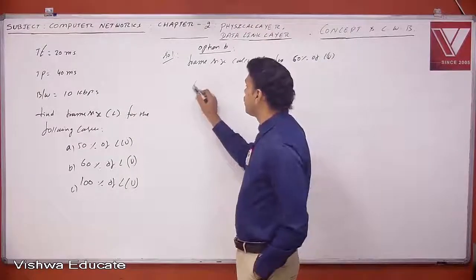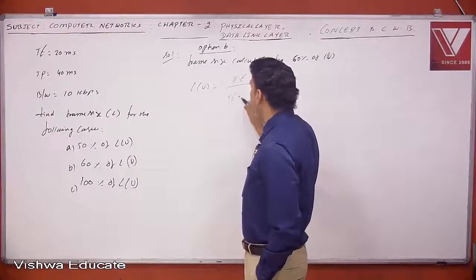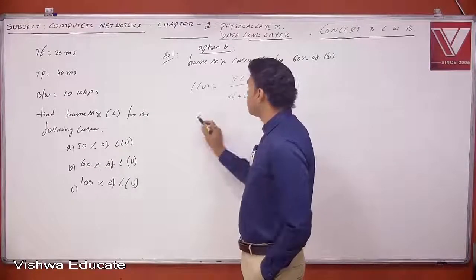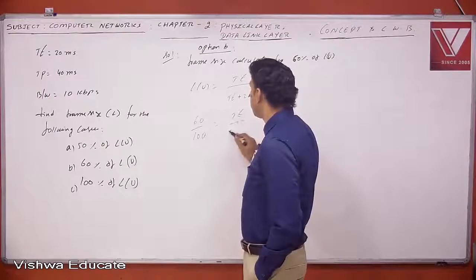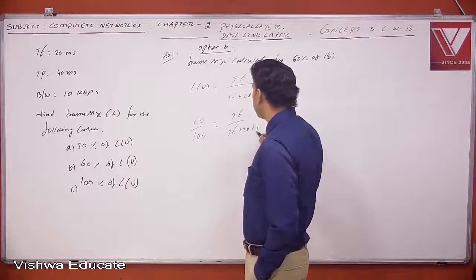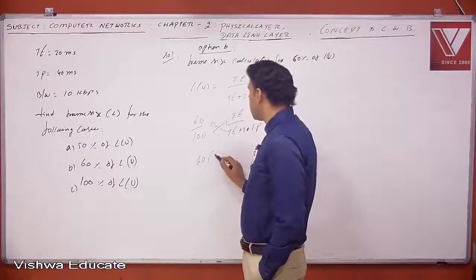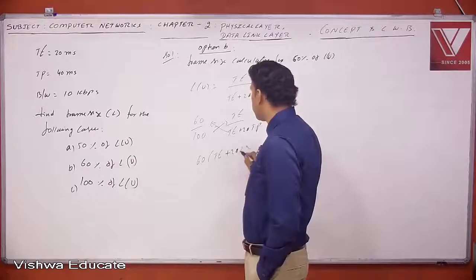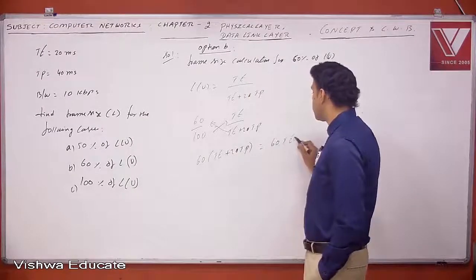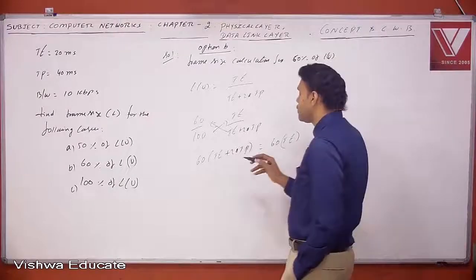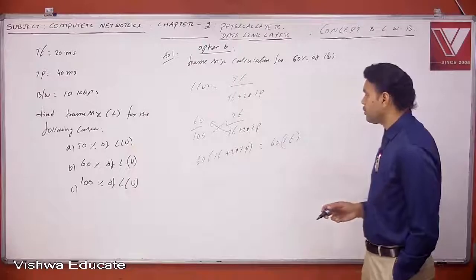L of u is Tt by Tt plus 2 into Tp, 60 by 100 equal to Tt by Tt plus 2 into Tp. Cross multiply: 60 of Tt plus 2 into Tp equal to 100 Tt. Using that, you can also find the L value.